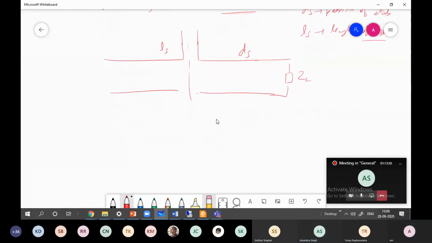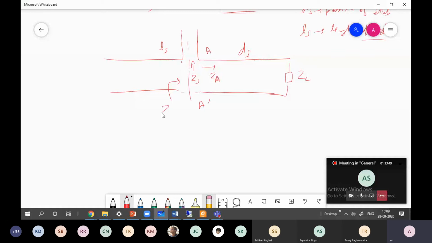Let us say this is your ZS, the normalized one, and this is ZA, and let's say this is your point A dash. Since whatever small z I am writing is normalized, Zi means Zi over Z0, so Zi should be 1.